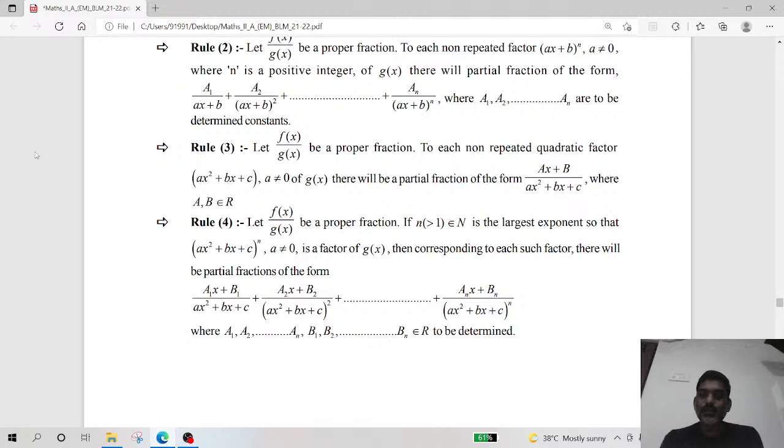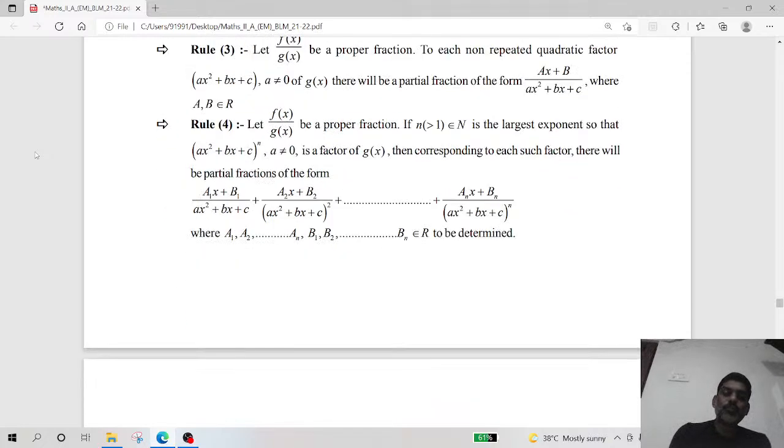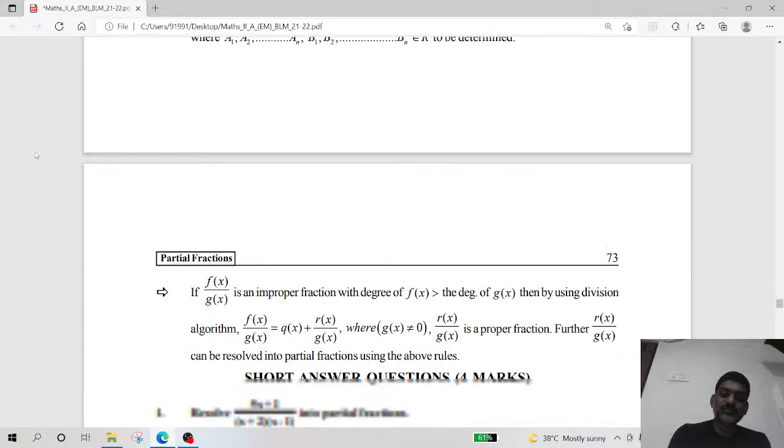Okay, these four rules are about proper fractions.